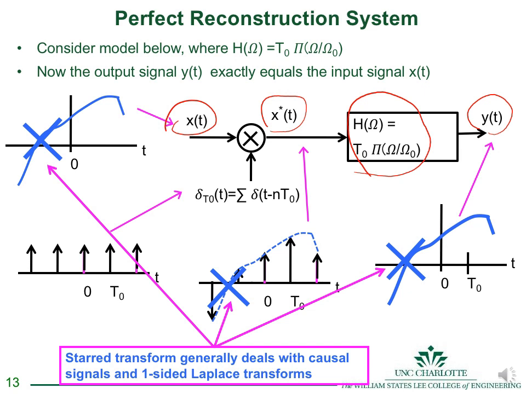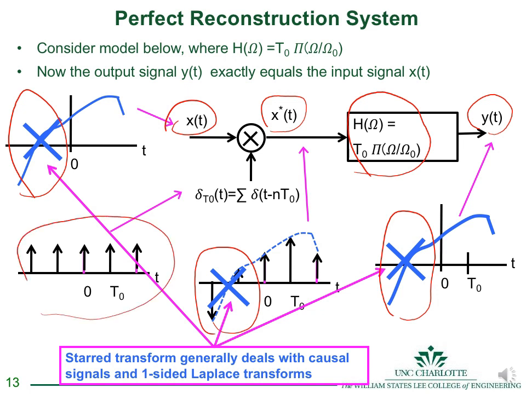In the time domain, the ideal low pass corresponds to a sinc type impulse response. When we have our causal signal at the input multiplying the impulse train, the impulses to the left of 0 disappear since they're multiplied by 0 above. And similarly here at the output.